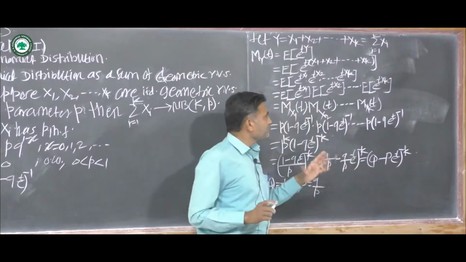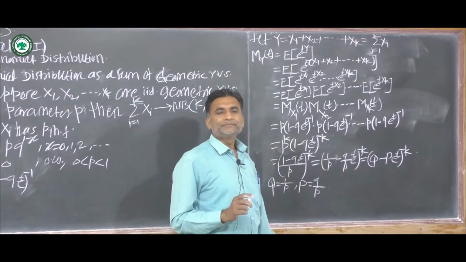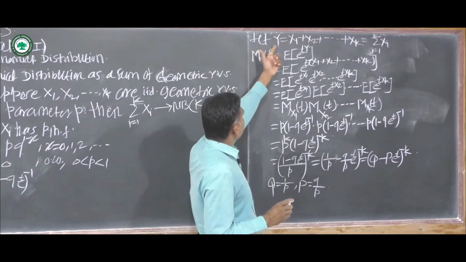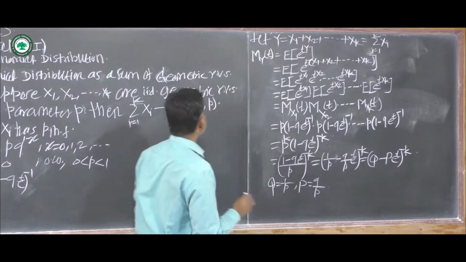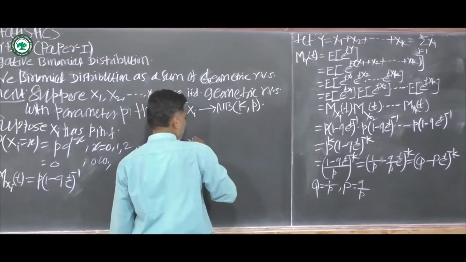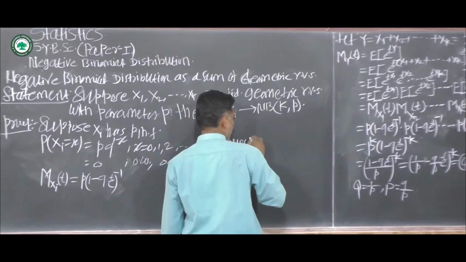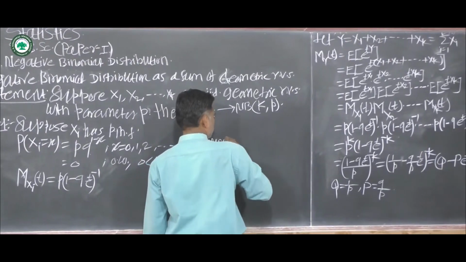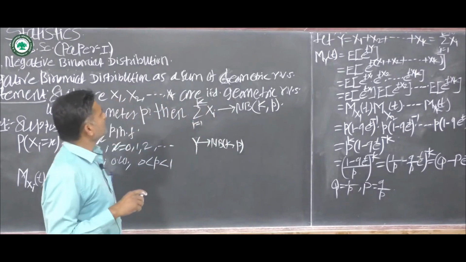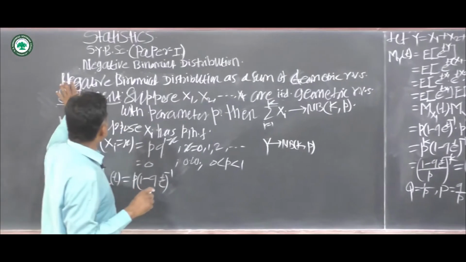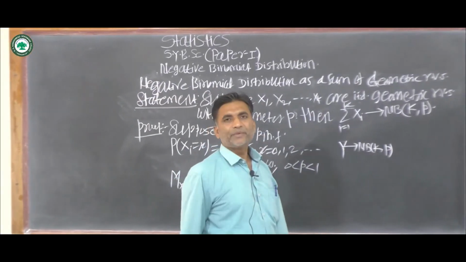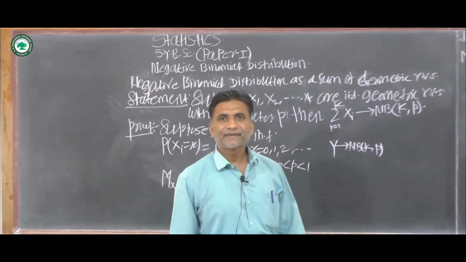By using the uniqueness theorem of MGF, this random variable y follows the negative binomial distribution with parameters k and p. Okay, this is the case of negative binomial distribution as a sum of geometric random variables. Okay, thank you.